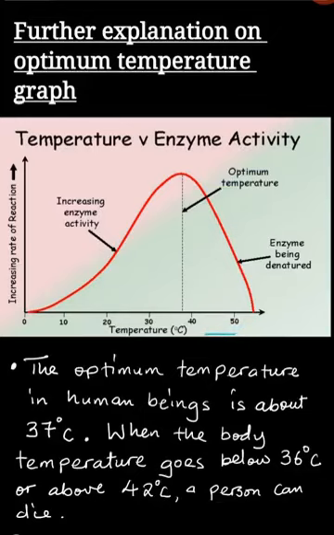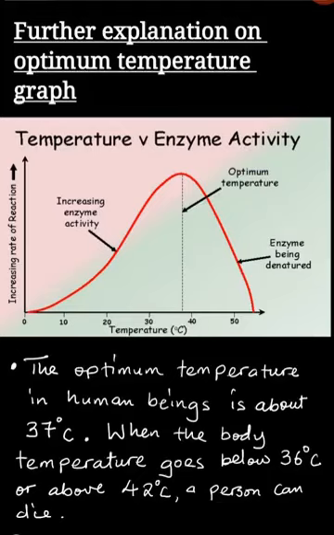And when enzymes stop working, it simply means that all the important chemical reactions that are supposed to take place in your body will stop. And when the chemical reactions stop, it means the body can no longer function. And if the body can no longer function, life cannot be supported.